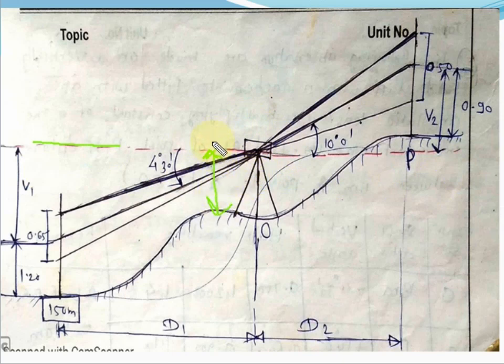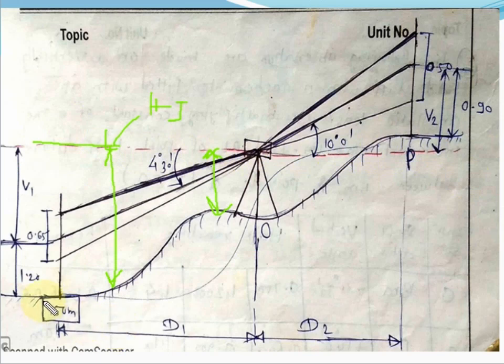So how can you find the height of the instrument? This is also the height of the instrument. This total line is called the height of the instrument axis. Remember that the height of the instrument axis is constant when you rotate the instrument in the horizontal plane.